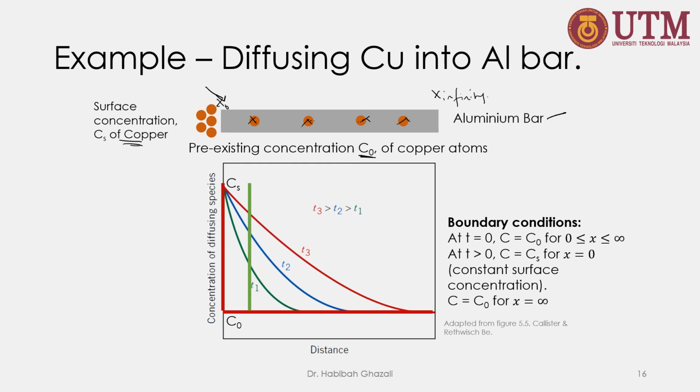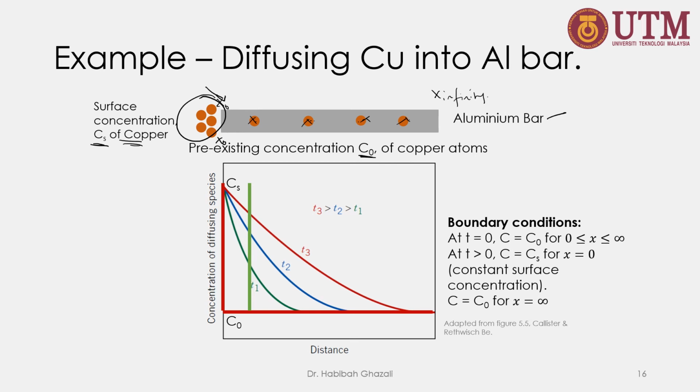Since we said that we have a predetermined length, we will say that this bar is of infinite length for simplicity of calculation. Outside the bar, I have a copper concentration equal to Cs at the position x0 here.